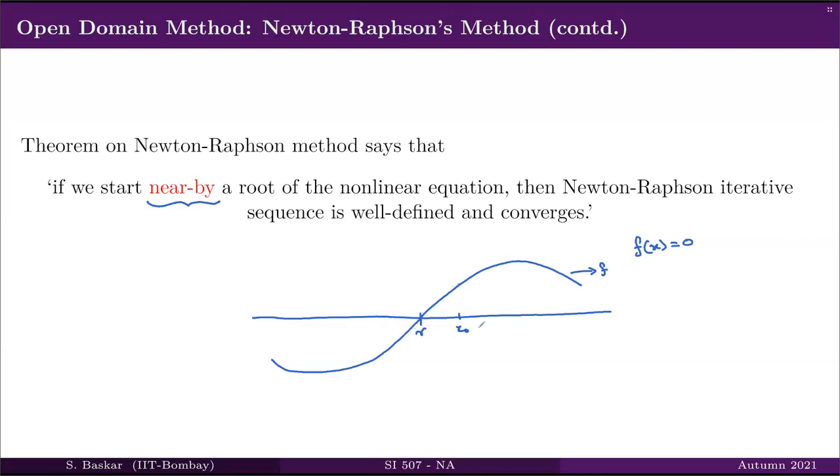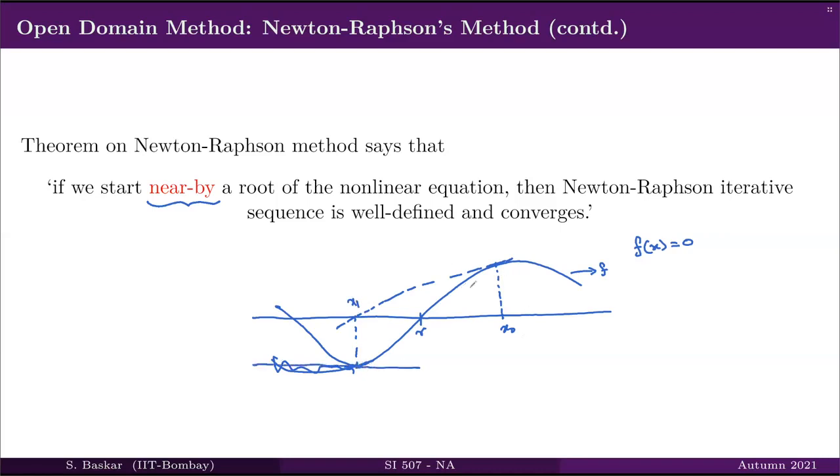Now what if I go a little far away from the root and say take something here? It may happen that, just assume that this is the slope of the graph at the point x equal to x naught, and at this point, the slope of the graph, say for instance, it is going like this instead of this, then the slope of the function at x1 might become 0, right?